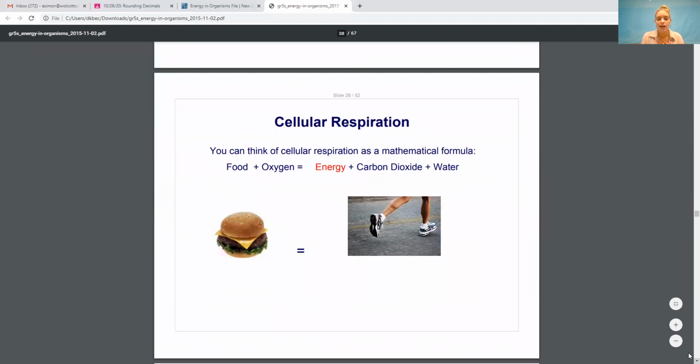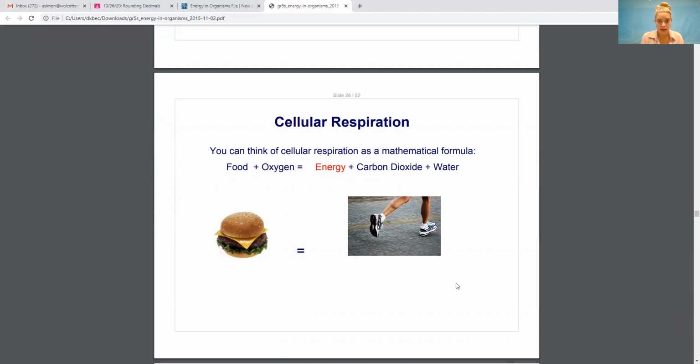Okay, so I like to think of cellular respiration as an equation, okay? Because as you guys know, I'm a very mathematical person. So this is the equation for cellular respiration. Make sure you still have cellular respiration at the top, okay? Food plus oxygen equals energy plus carbon dioxide plus water.